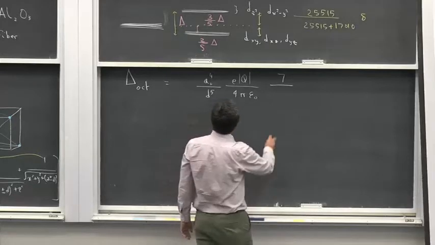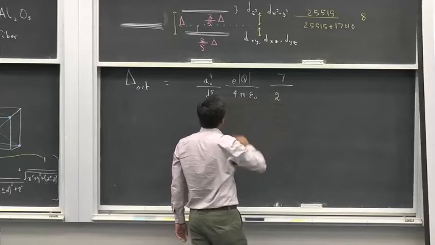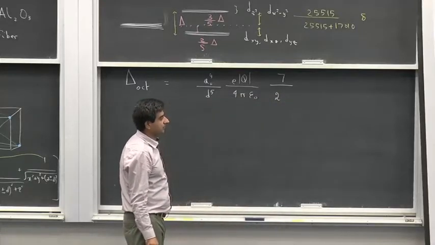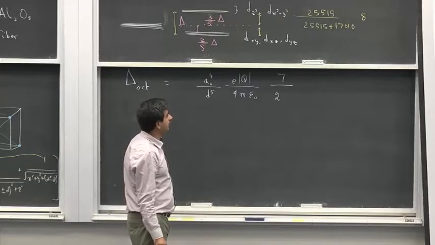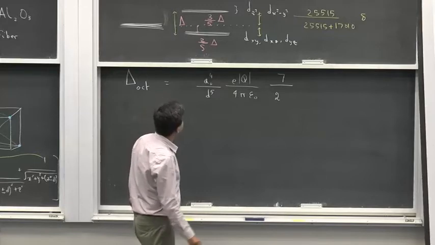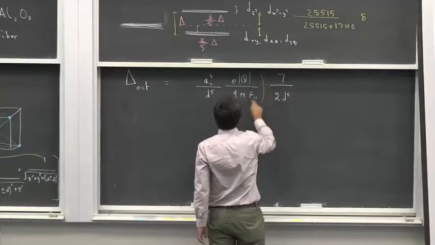It includes a 7 over 2 d5. There's this term over here.